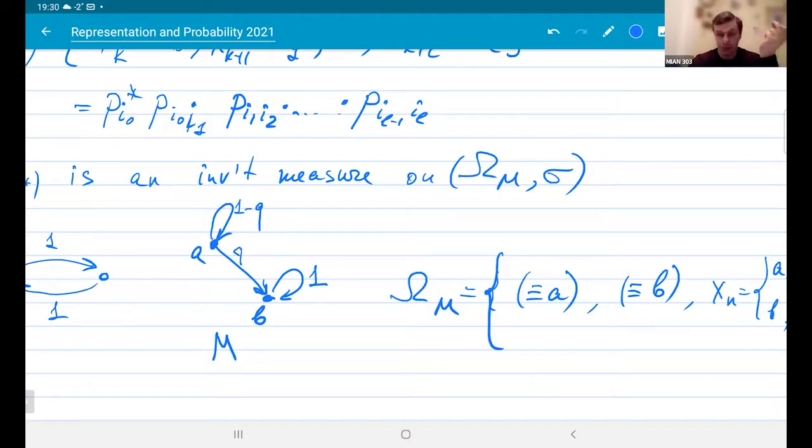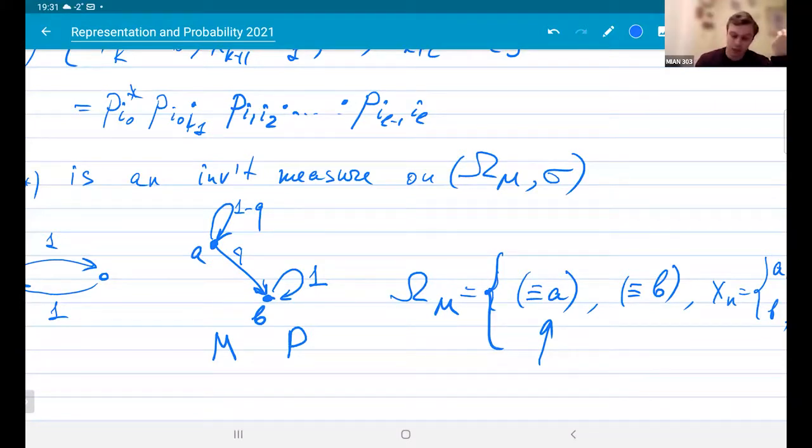Then if you consider this matrix pi, you see that, for example, the probability of a long sequence of A's is (1 minus q) to the power of the length of this sequence minus 1.